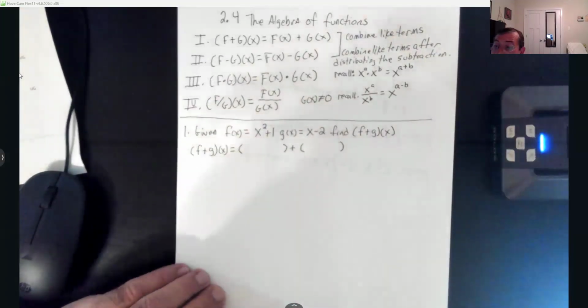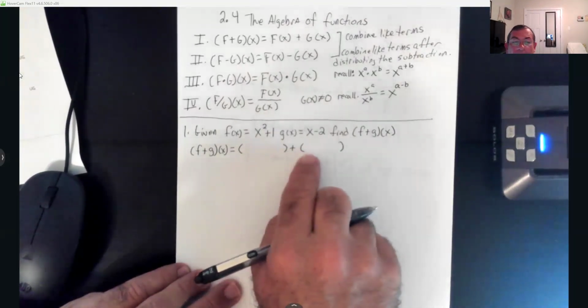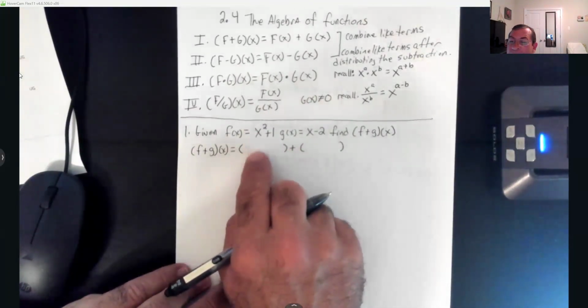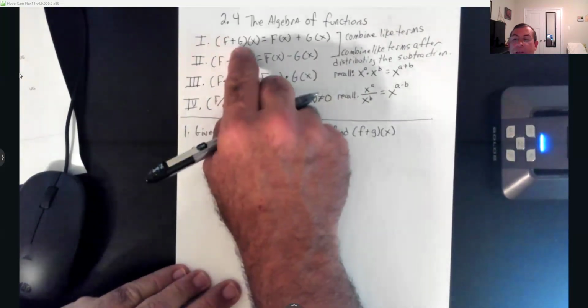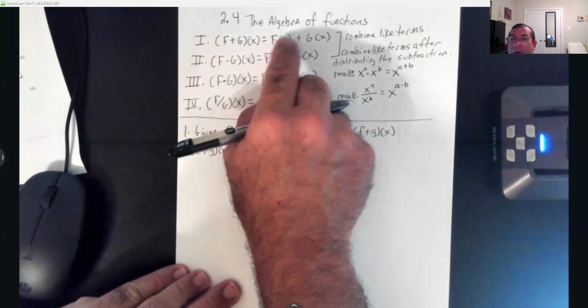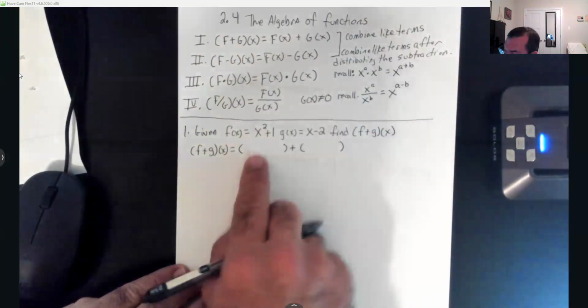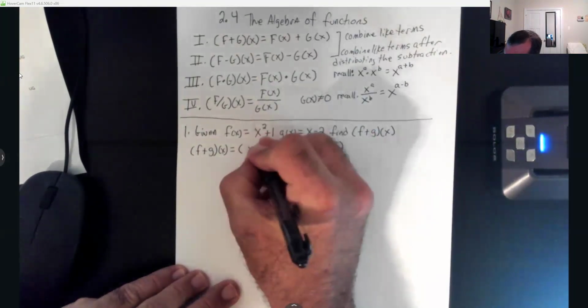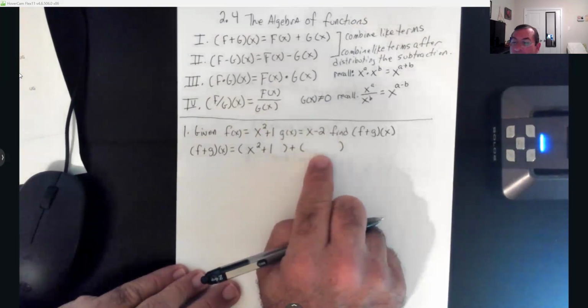So y'all, my first step when I do these, I start them out with parentheses. And then I'm going to put my f of x here and my g of x here. Because remember, we said f plus g of x equaled my f of x plus my g of x. So f of x was x squared plus 1. Well, they gave us g of x too.